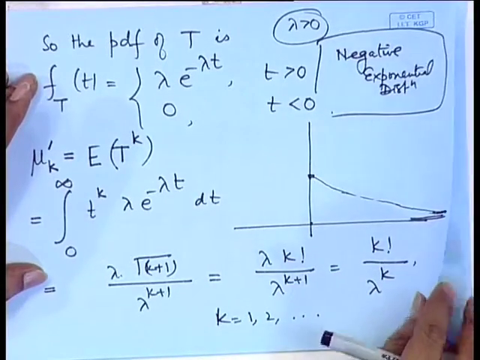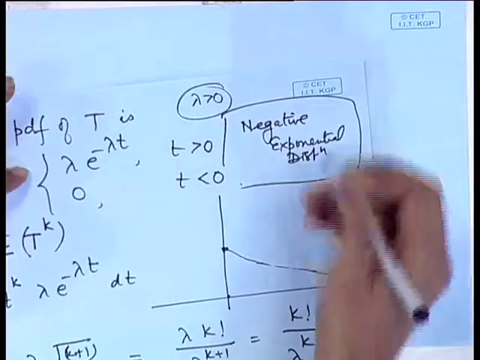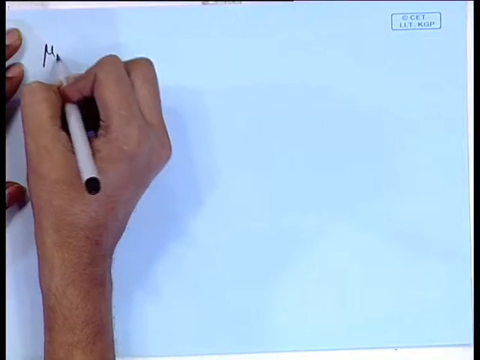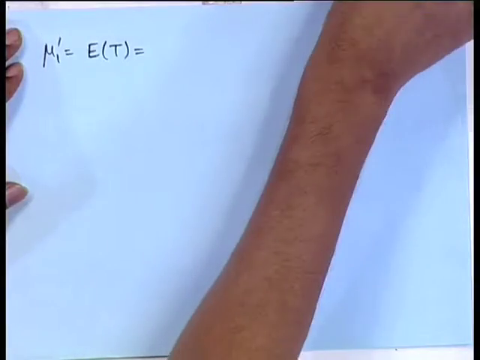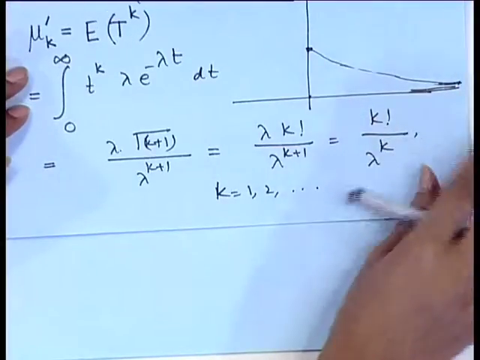In particular, we can calculate mean, variance, etcetera. So, for example, mu 1 prime, that is the mean of this distribution, if I put k equal to 1 here, I will get 1 by lambda.